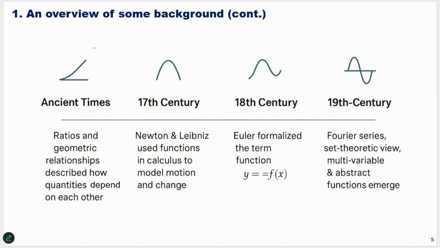Then Euler, in the 18th century, formalized the term function with the notation y equals f(x). And nowadays, there are some other applications, for example, Fourier series, set theoretical view, multivariable, and abstract functions emerge.